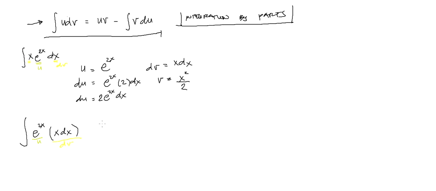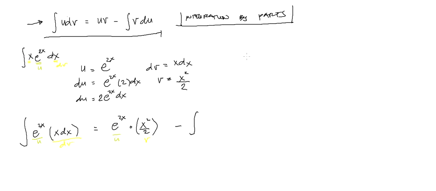Then minus the integral of v du. Our v is x squared all over 2 multiplied by du, which is 2e^(2x) dx.